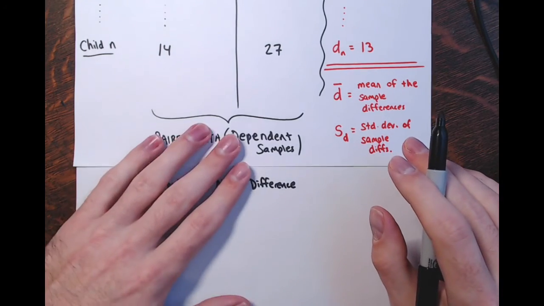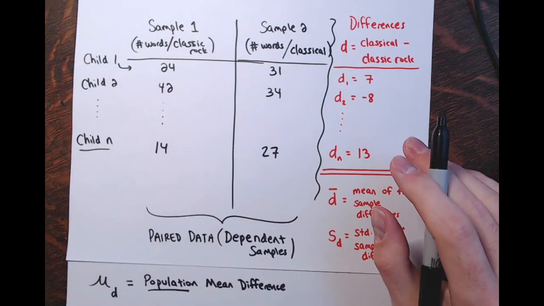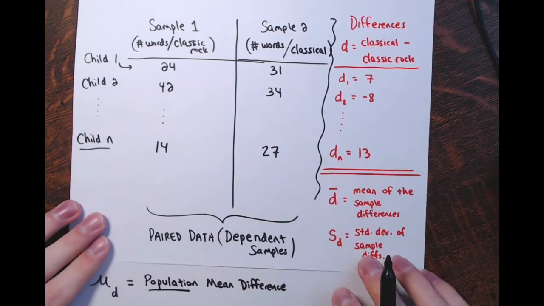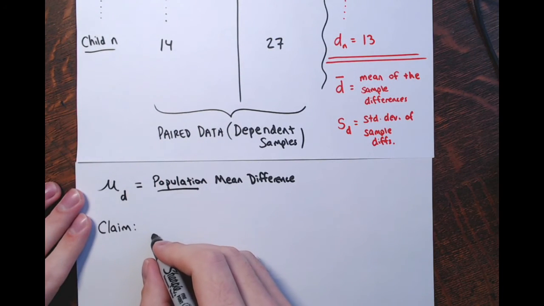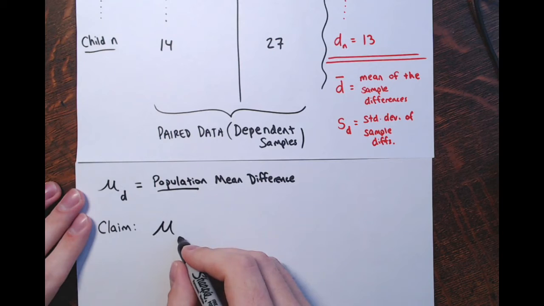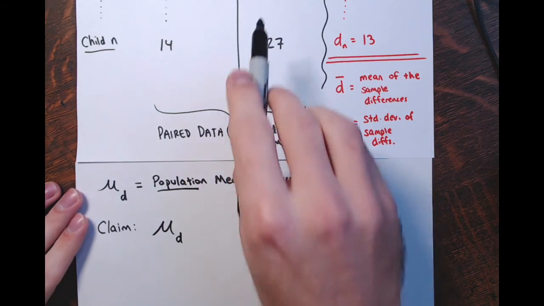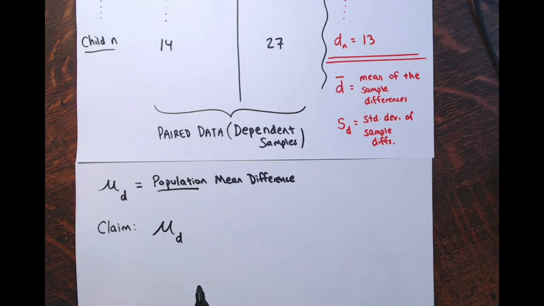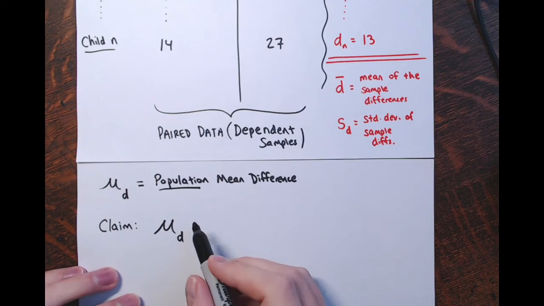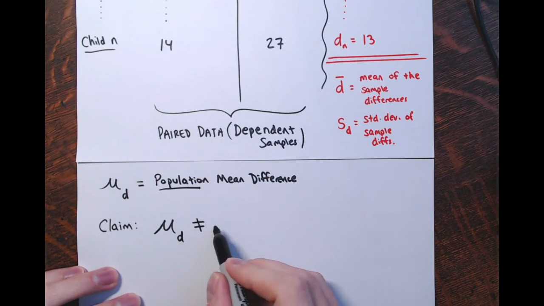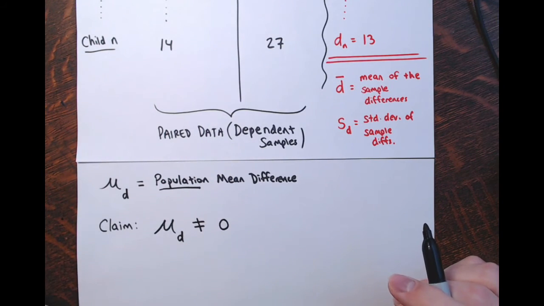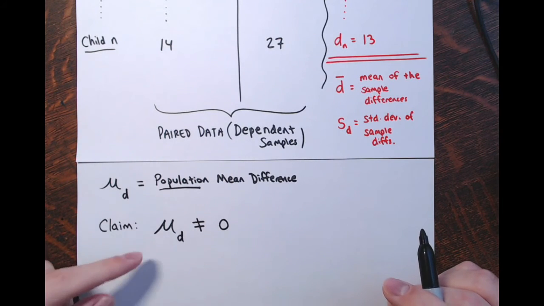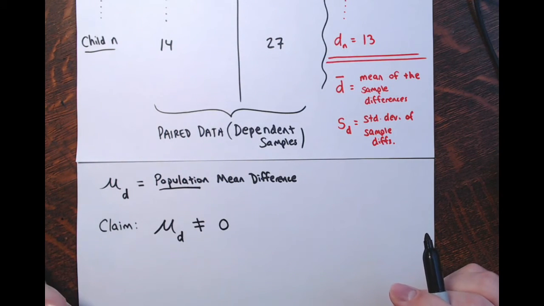So she's not saying it's going to increase or decrease, just that there's some sort of impact. So her statement is that the average difference between the number of words remembered after listening to different varieties of music is not 0, meaning there's some sort of change. Whether it gets greater or less, she's not saying.